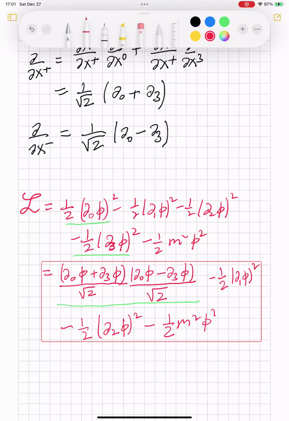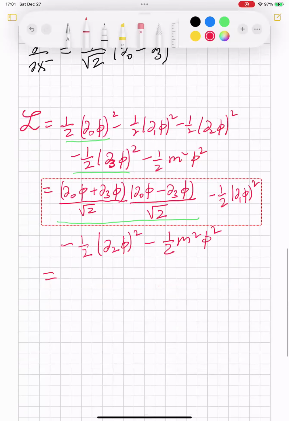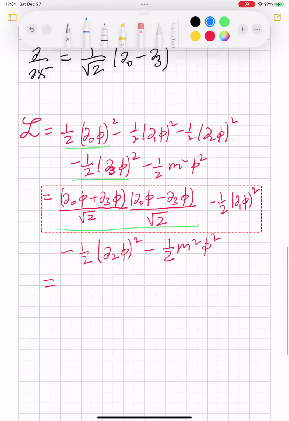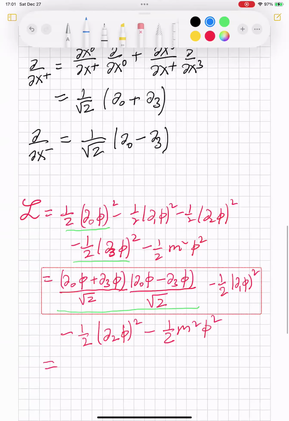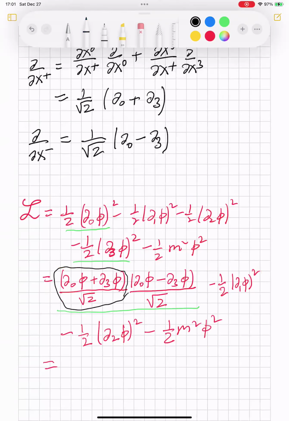Now, the benefit of rewriting things in this way is that if we look at these two terms, well, d plus phi would be 1 over root 2 d0 phi plus d3 phi. So this first factor over here, we can now identify as d plus phi. And the second factor over here, which is d0 phi minus d3 phi over square root of 2, is d minus phi.